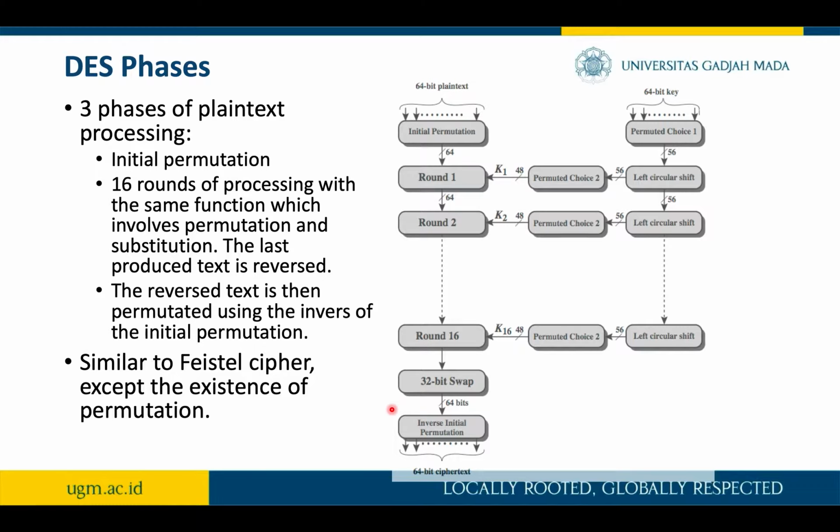Each round uses the same structure as the Feistel cipher, except that we use permutation here, while in the Feistel structure there is no permutation.